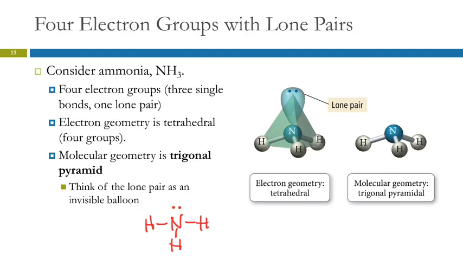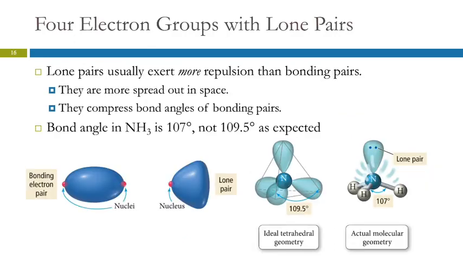Any questions? The lone pairs are actually more repulsive than the bonding pairs. And the reason for that is, here we have a bonding electron pair. It is stuck between the nuclei of the 2 atoms it's bonding. And so this is how much space it can take up.